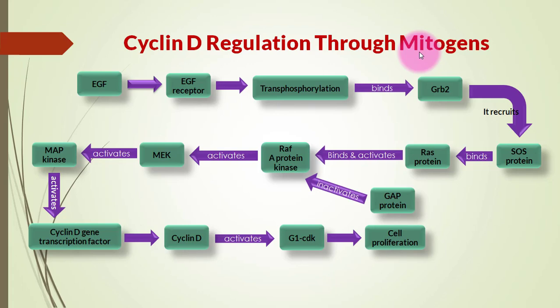So one of the mitogenes that is very important in the cell cycle is epidermal growth factor, or EGF. What is EGF, and how does EGF make the cell re-enter the cell cycle from G0 to G1? Epidermal growth factor is a protein.